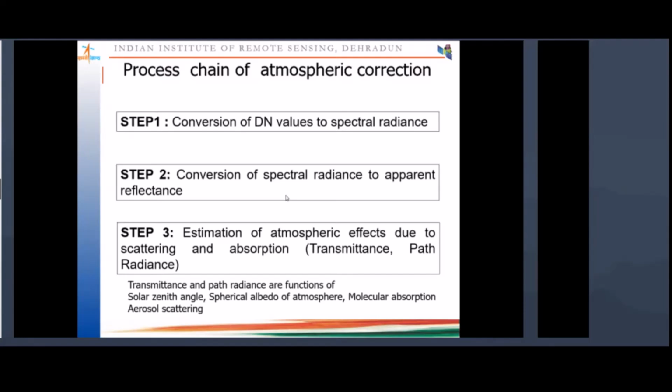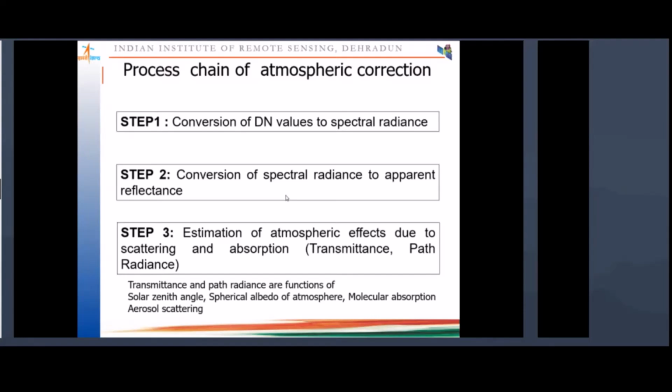However, it is also possible, due to scattering of radiation within the atmosphere, that some component of light which has not even seen the target also gets added up in the same direction of the light which is going from target to the sensor. So this entire information is embedded in the form of top of atmospheric reflectance.